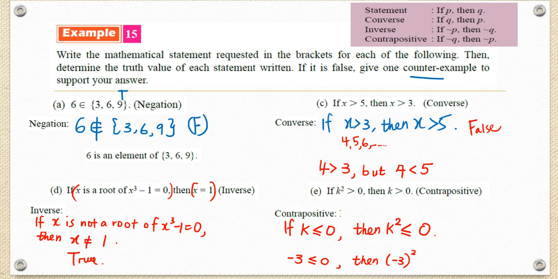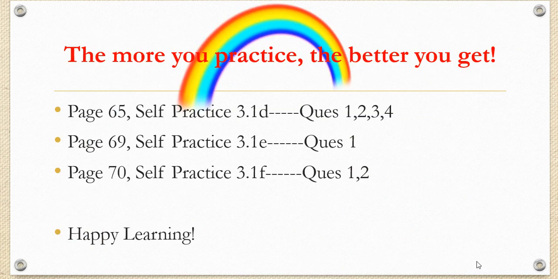You have to square the negative together. It will become positive 9. This is more than 0, right? It's not less than or equal to 0 anymore. So this statement is false, and the counter example is here. Just show why it is wrong. Okay, so this is what you need to do for today.